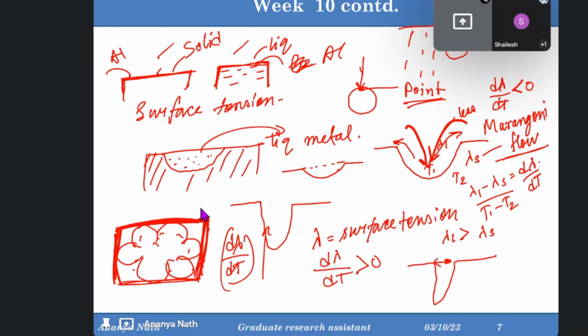If we have a liquid on a solid surface, and the cohesive forces in the liquid are more than the adhesion between the solid and liquid, can we say that?